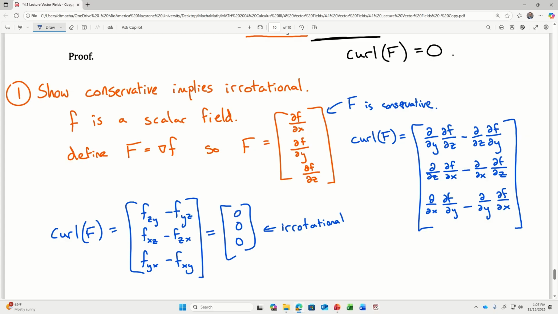So we completed the first step. We showed that conservative vector fields always have to be irrotational, because the definition of a conservative vector field is we start with the scalar field and then we take the gradient of that scalar field, and then when you take the curl of the gradient of the scalar field, it turns out to be 0 every time. And I guess the underlying assumption here is that your scalar field has continuous second derivatives.